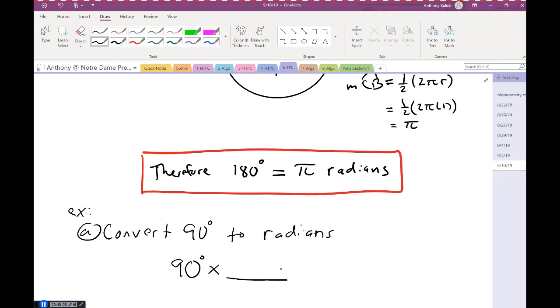So where should the 180 degrees go in this conversion factor? Should it go in the numerator or the denominator? It should go in the denominator. Remember that the units are always on diagonals of each other when we write our conversion factor. Do you guys remember that from your science class?